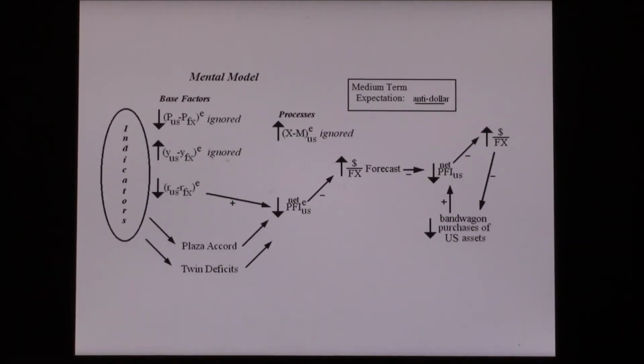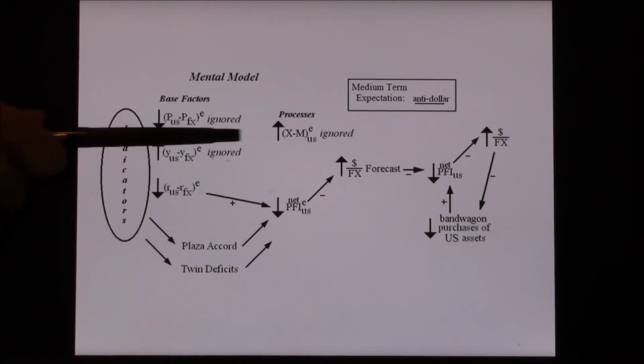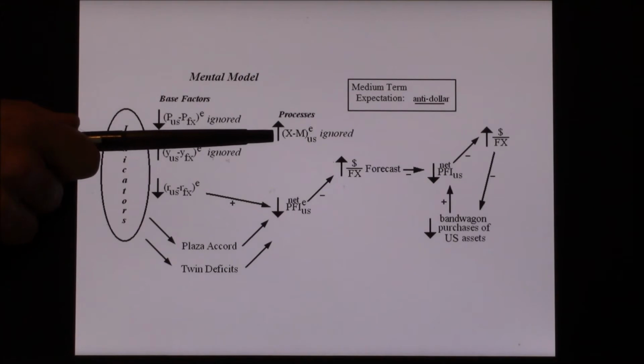Okay, so to put that into the dealers' minds, the superior U.S. inflation record was ignored. The superior U.S. economic growth was ignored. They did pay attention to the fact that the Fed started cutting interest rates again. They didn't let them stay as high as they were. The trade deficit got better, but that was ignored.